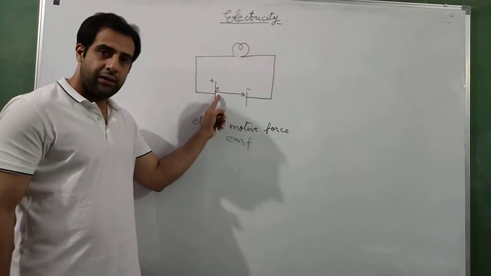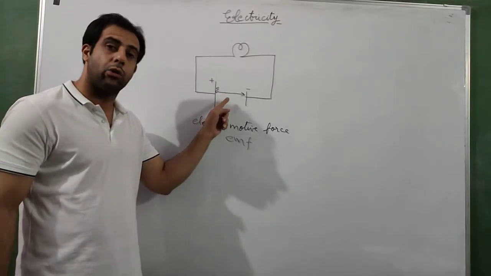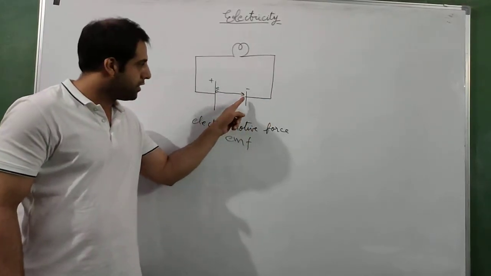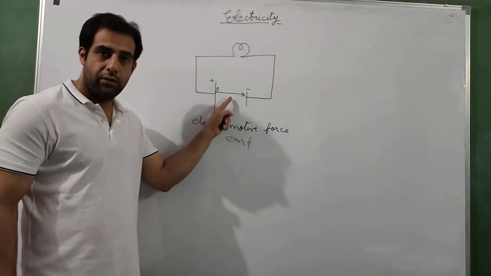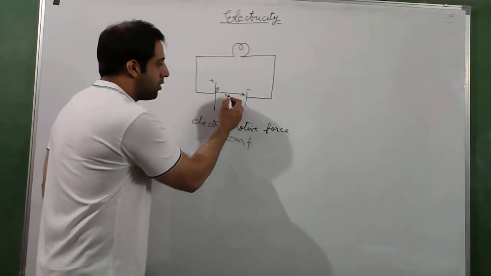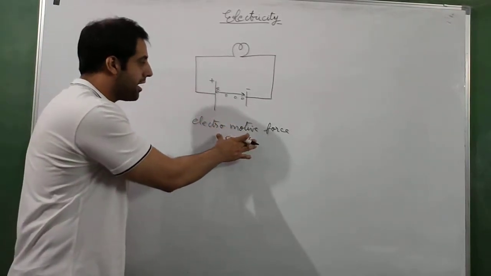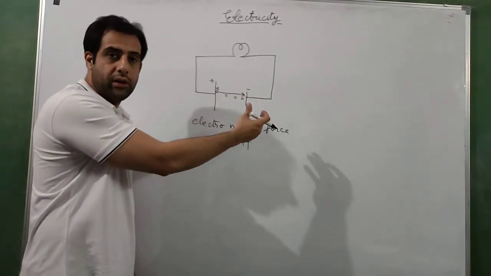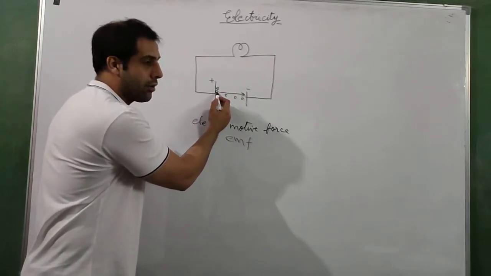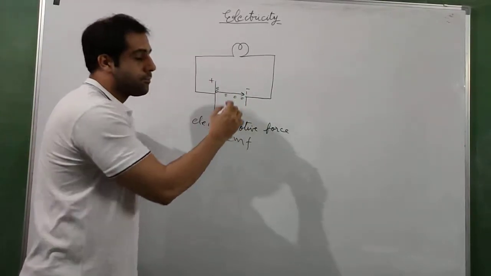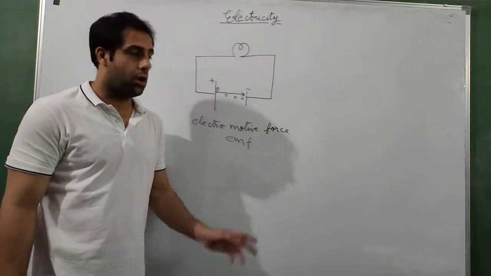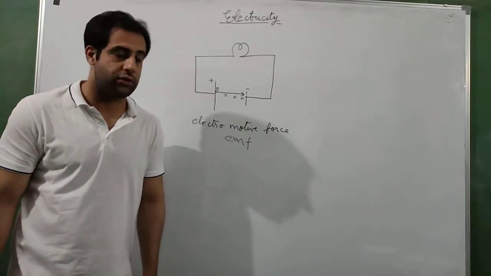You are taking a negatively charged particle and moving it closer to the negative terminal. Obviously, there will be repulsion between them. As the electron moves closer, the repulsion will increase. So the battery has to do more and more work to make this electron travel towards the negative terminal of the battery.